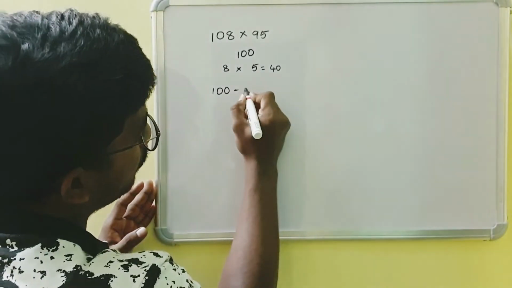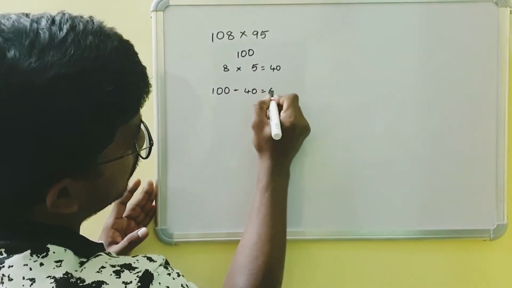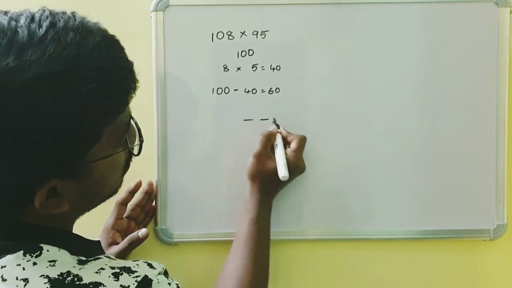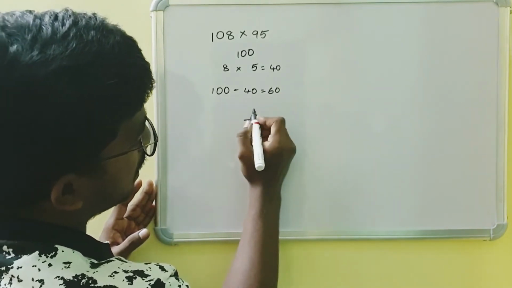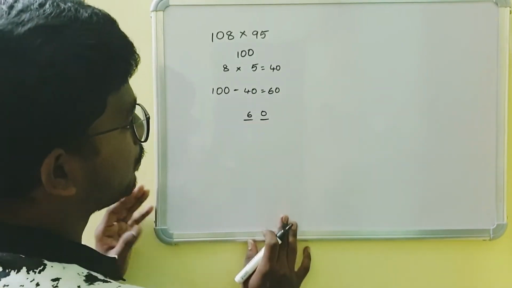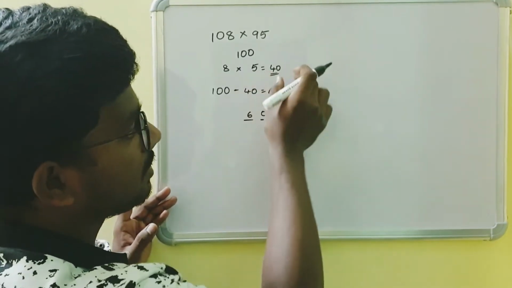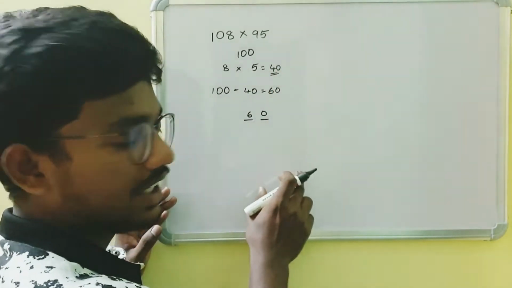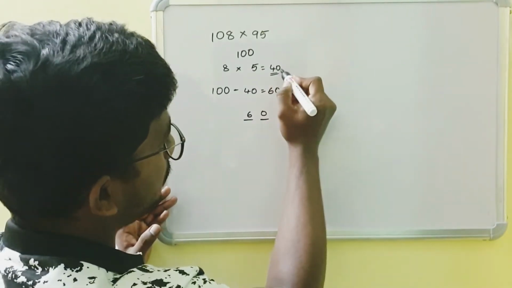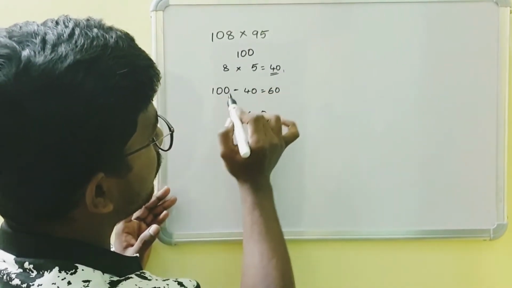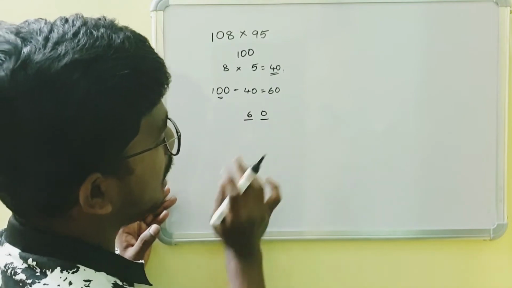So 100 minus 40 is nothing but 60. So the required last 2 digits are 6 and 0. Okay, in the first two cases we took the multiplication of the differences as the last 2 digits, but in this case we have to subtract the multiplied answer from 100 to obtain the last 2 digits.